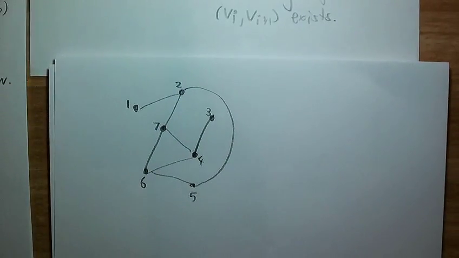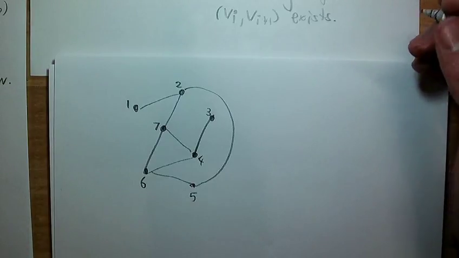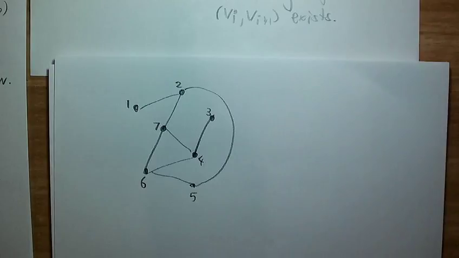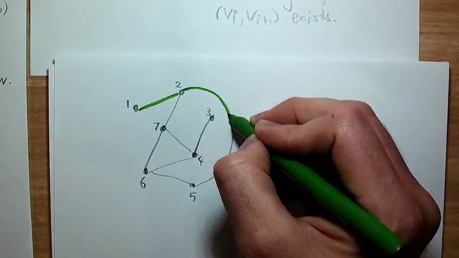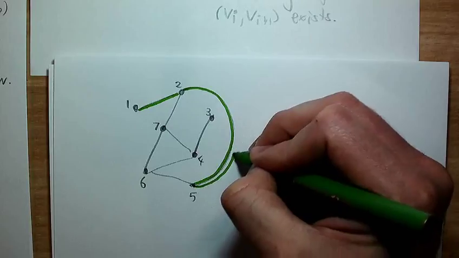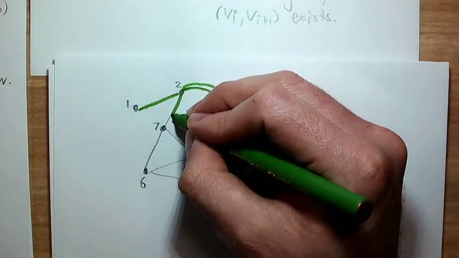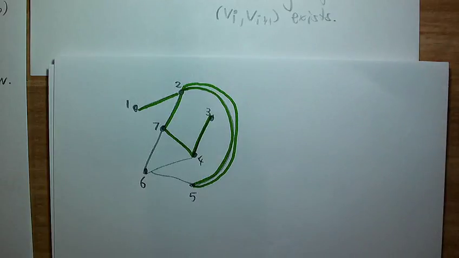Really should have called them ABC. Too late now. So my walk just has to go from one place to another. Something like that. That would be a perfectly good walk.